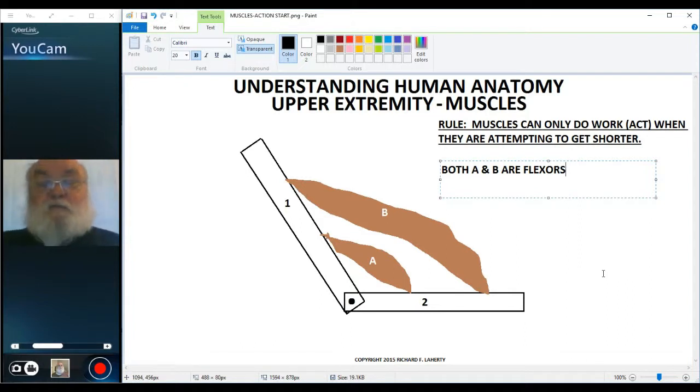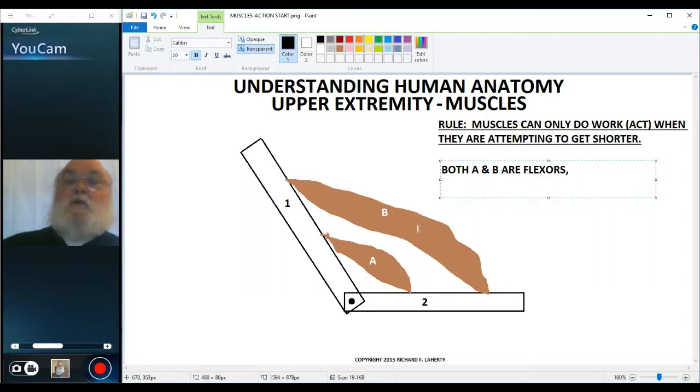But there's something else that we can say just looking at this diagram, and it comes from basic physics. Because of their relative attachments, muscle A is attached to bone number 2 much closer to the pivot point, to the fulcrum, than is muscle B. Muscle B is attached much further out. Therefore, muscle B is going to have a greater mechanical advantage than muscle A on moving bone number 2.